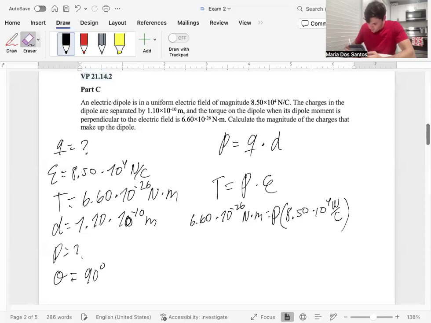Mistake, formula is sine of the angle. So sine of 90, that's one.